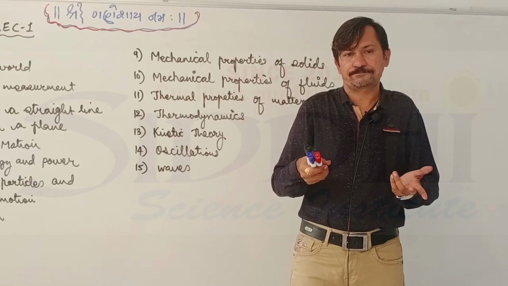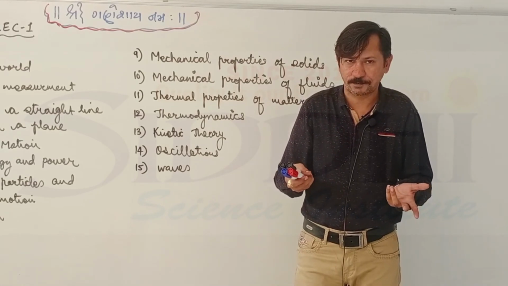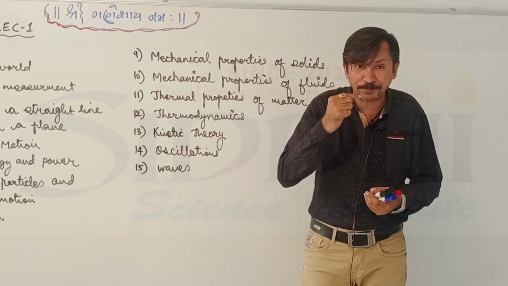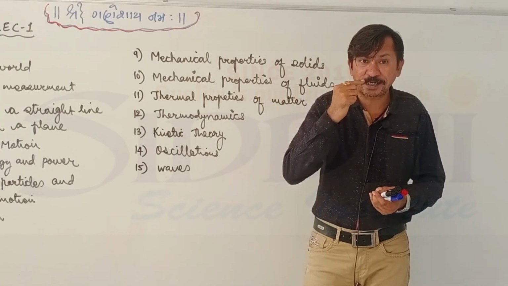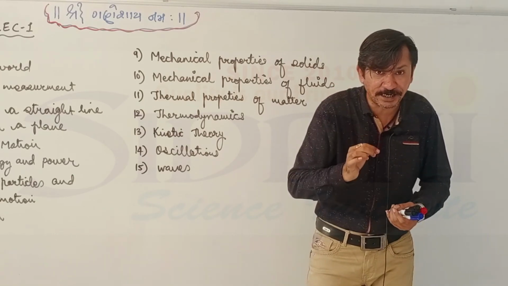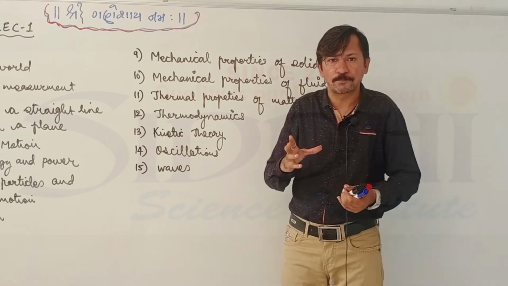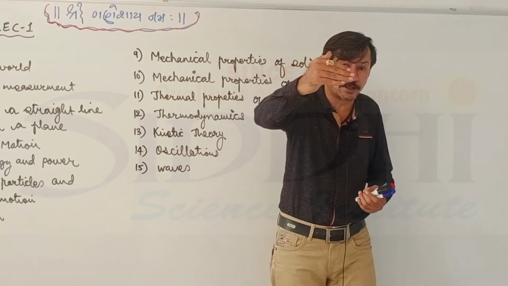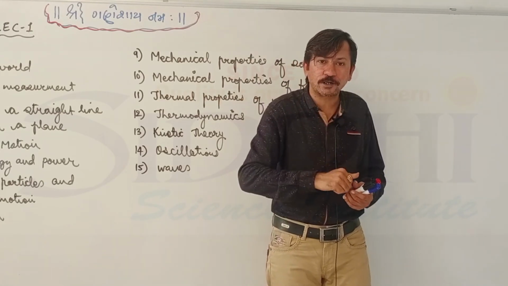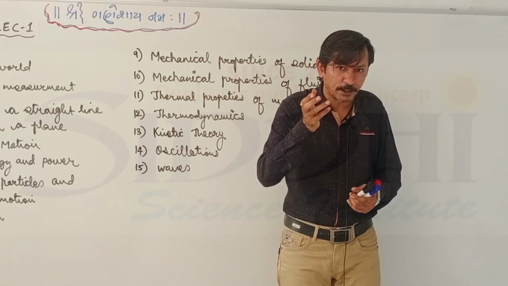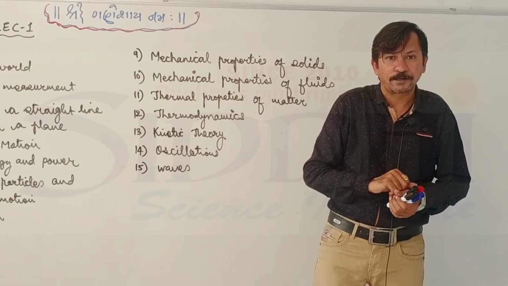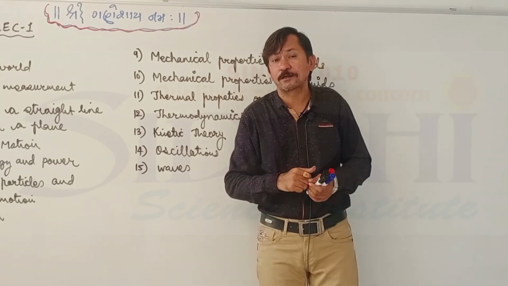Waves are always with us. We live with waves. For example, when I speak, my tongue behaves as an antenna and emits waves, and these waves propagate through the medium, through air, reach your ears, and your ears, behaving as receivers, accept these waves, and you can hear.